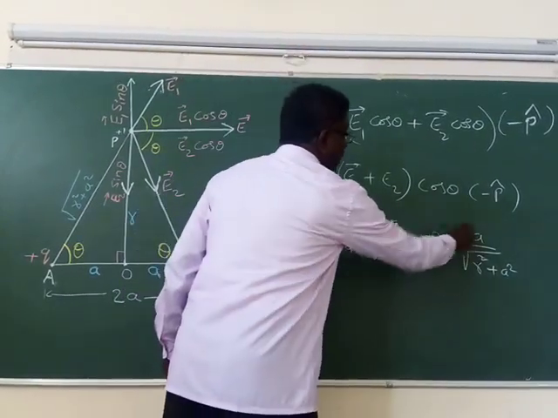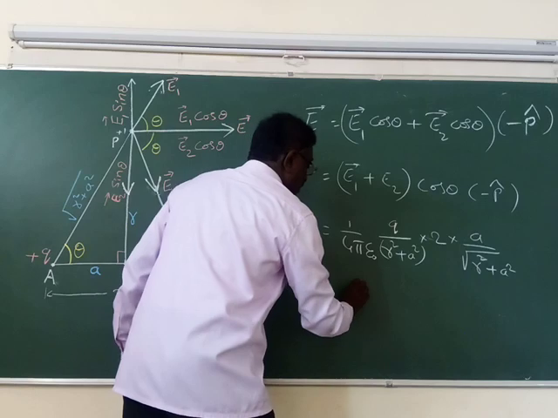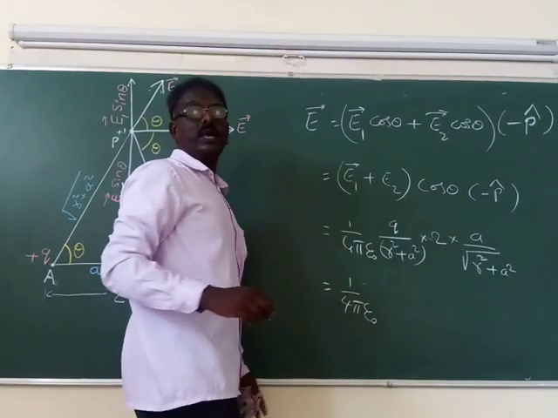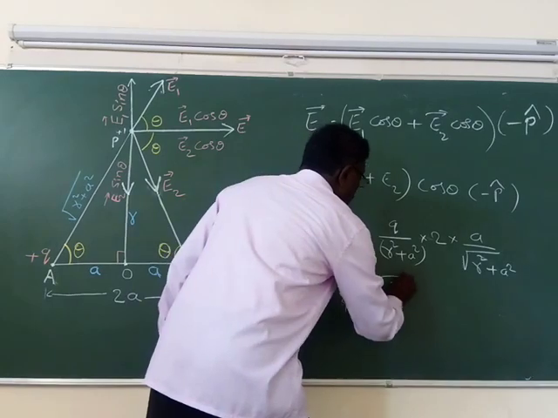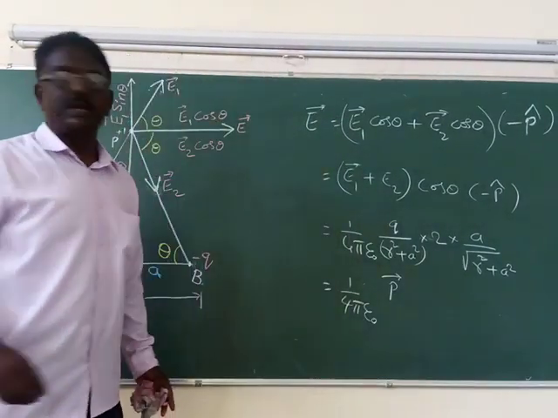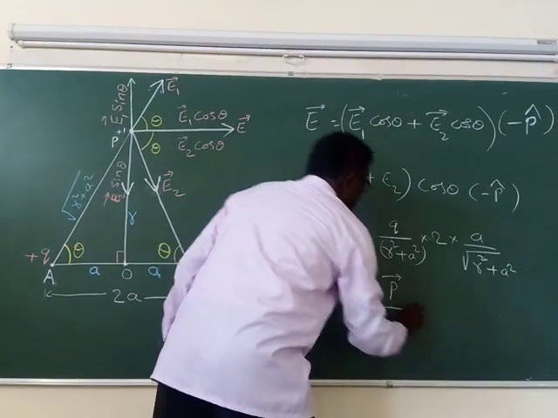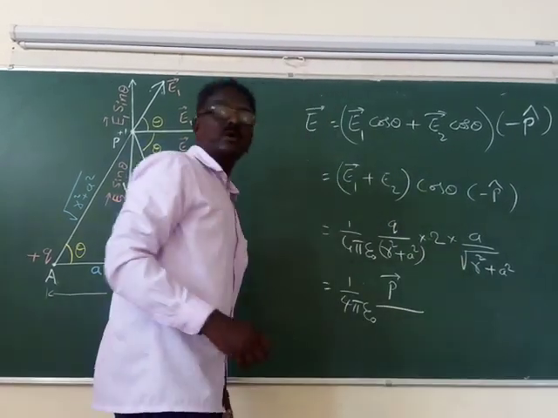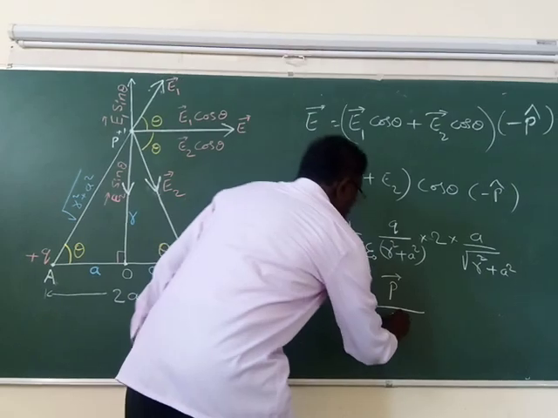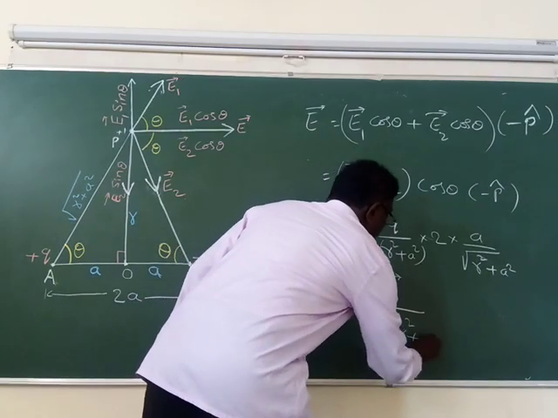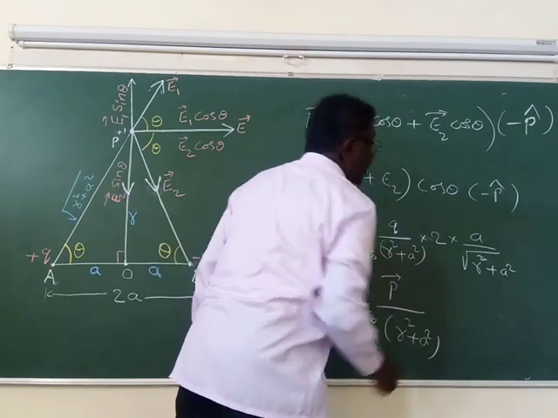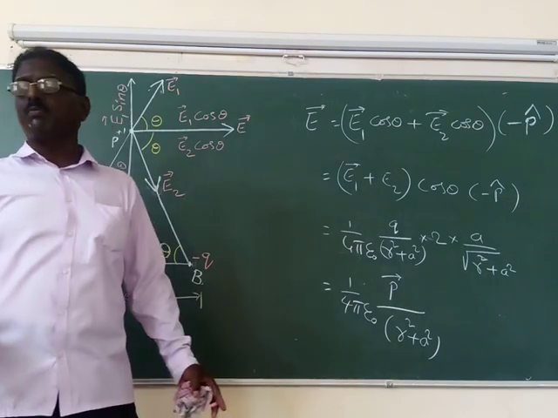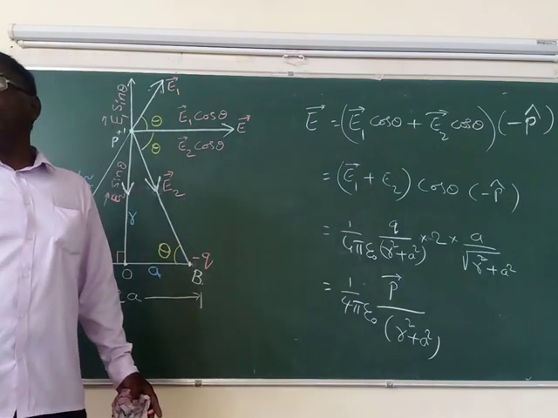Q into 2a, 1 by 4 pi epsilon naught as it is. Q into 2a is the electric dipole moment P, divided by r square plus a square raised to 1 into r square plus a square raised to 1 by 2. The base is r square plus a square, the powers are 1 and 1 by 2.